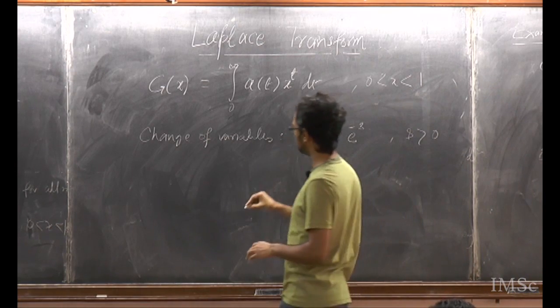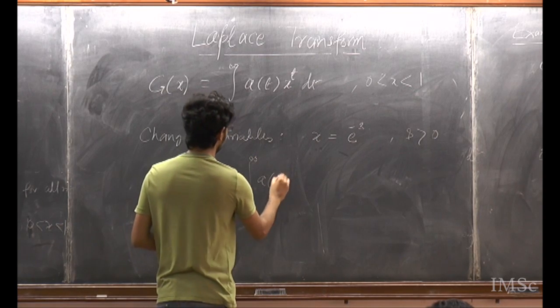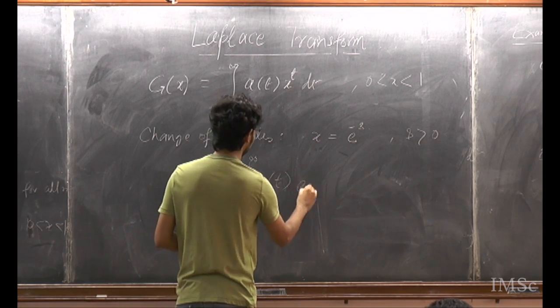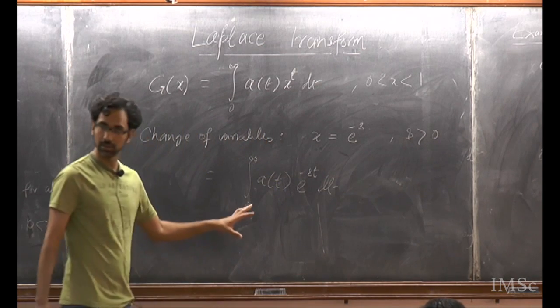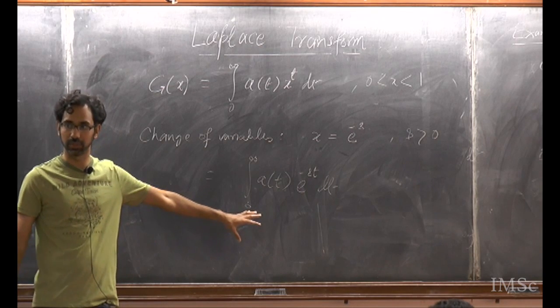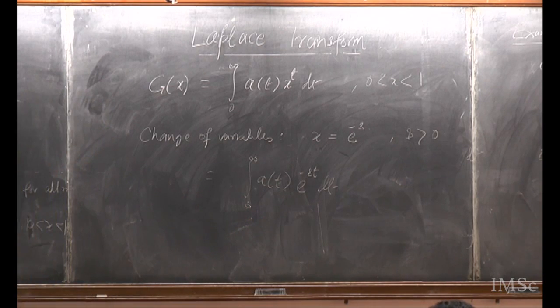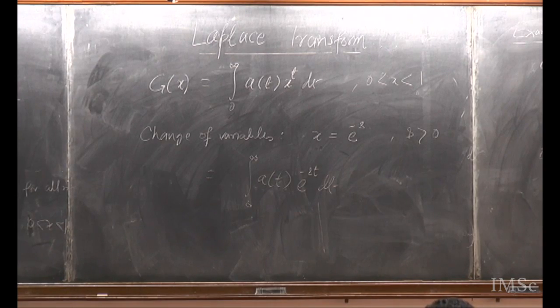And what will you get here? The integral from 0 to infinity of a(t) e to the minus st dt. What is this? This is the Laplace transform. So you can think of the Laplace transform as a continuous analog of a power series. Okay.